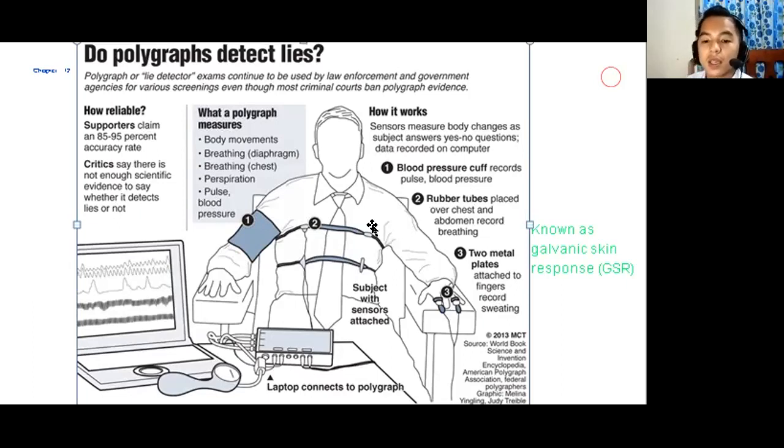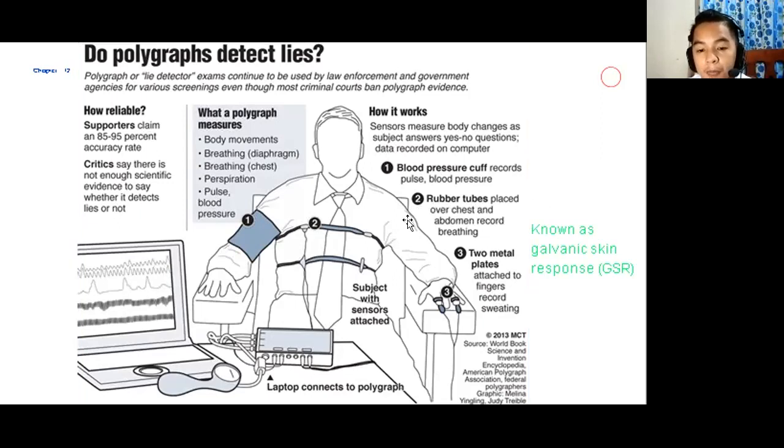The second measures the heart rate or the breathing rate of a person, in which two rubber tubes are attached to the chest and the abdomen of the person.